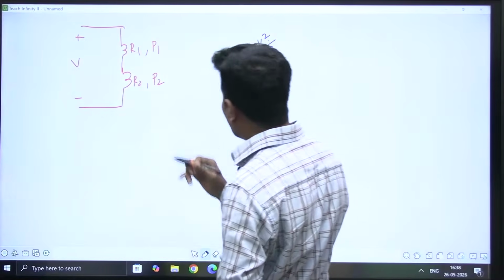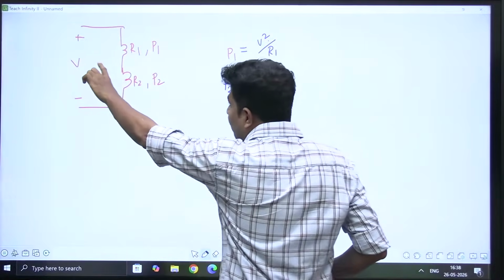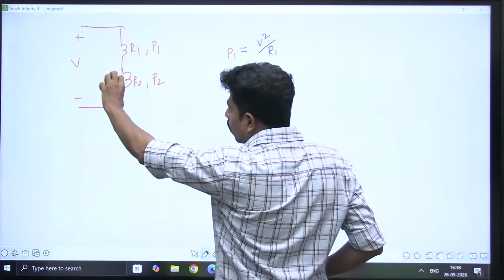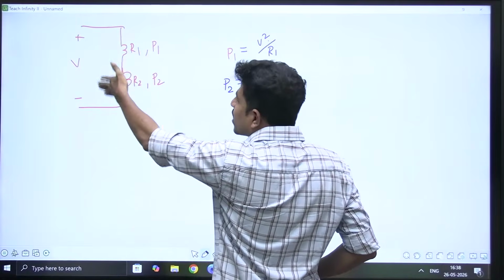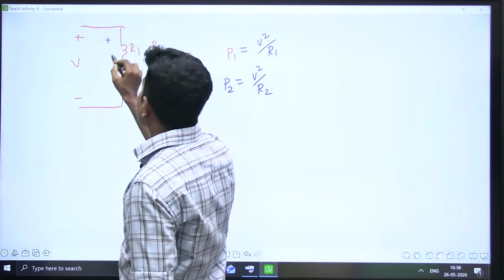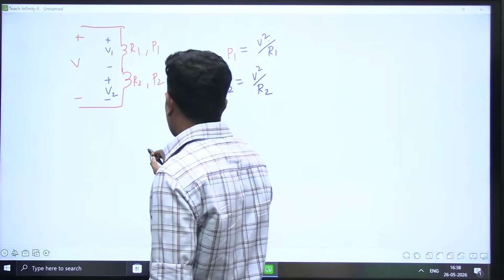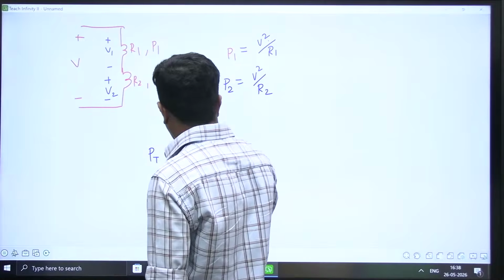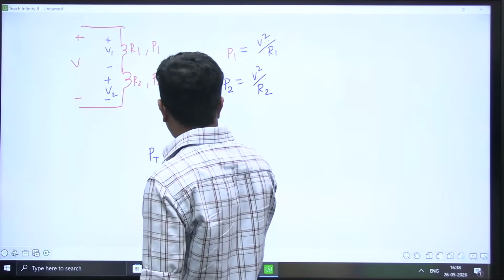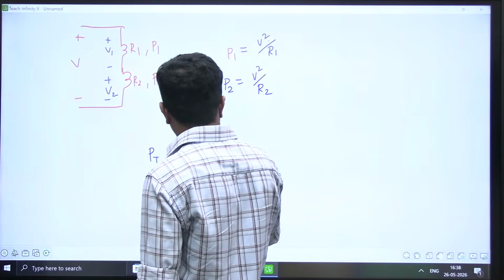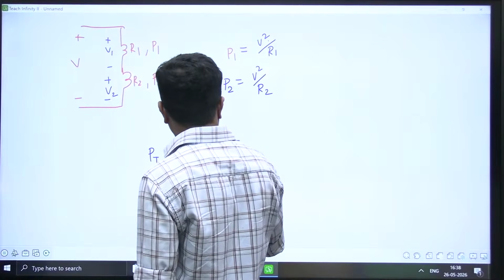Now this total V is not given to R1, not given to R2, but its division is given. This voltage is V1, this voltage is V2. Now total power is V1 square by R1 plus V2 square by R2.